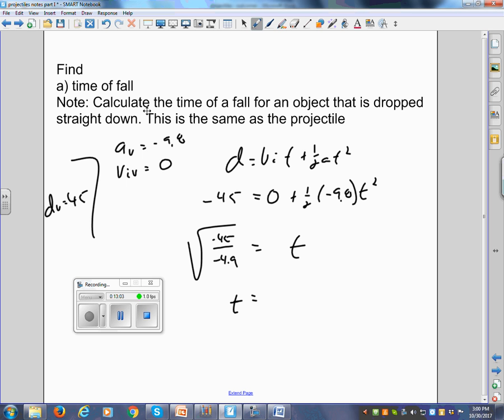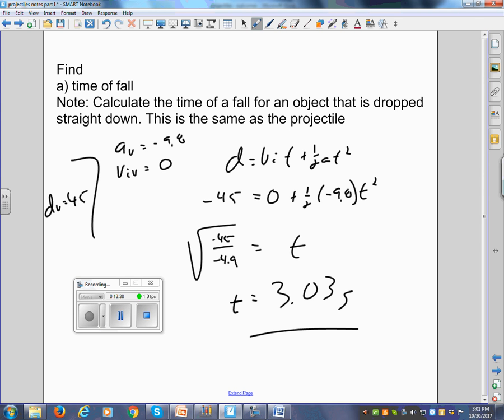Where's my calculator? There it is. 3.03, right you are.